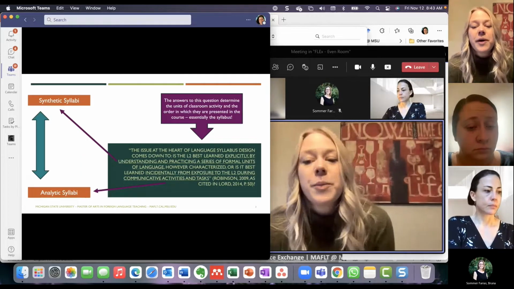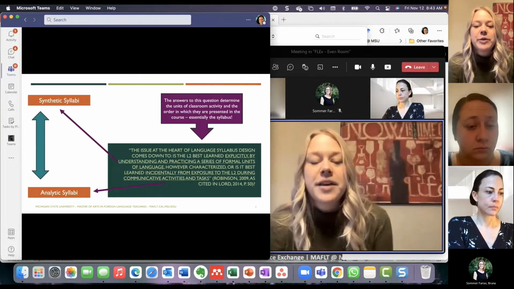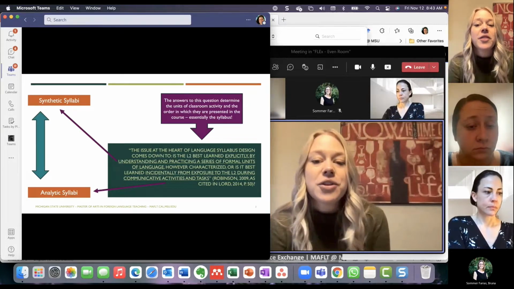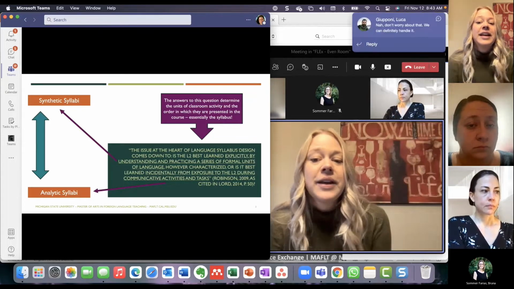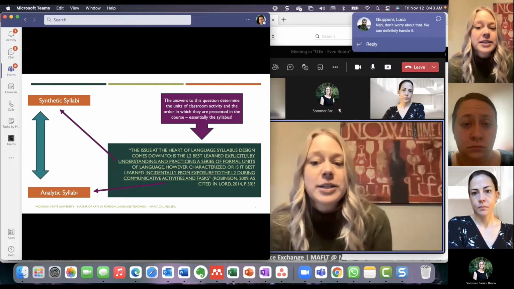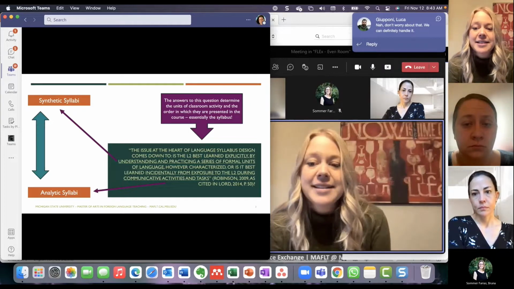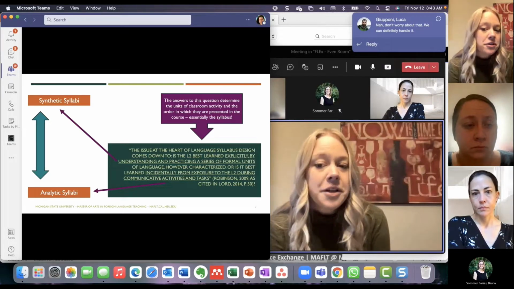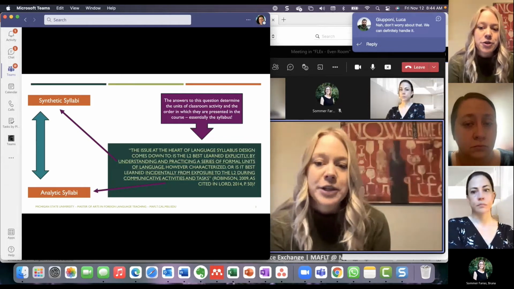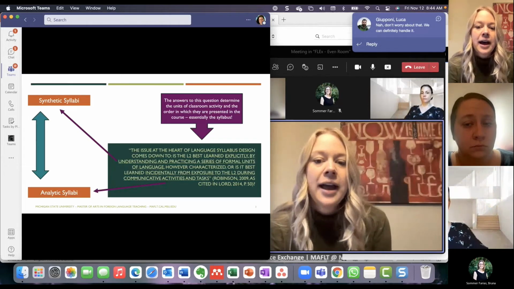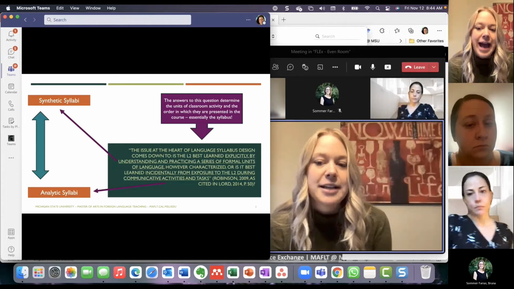This quote by Robinson, I think, is really important. The issue at the heart of language syllabus design comes down to: is the L2 best learned explicitly by understanding and practicing a series of formal units of language, however characterized, or is it best learned incidentally from exposure to the L2 during communicative events and tasks?